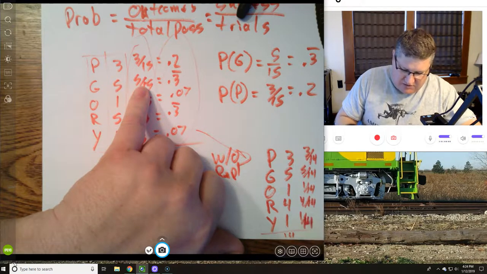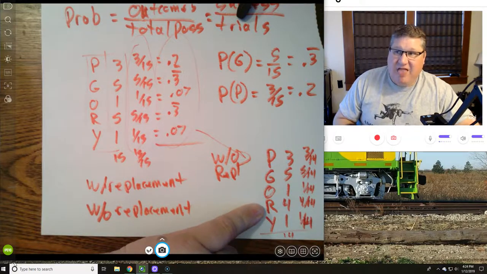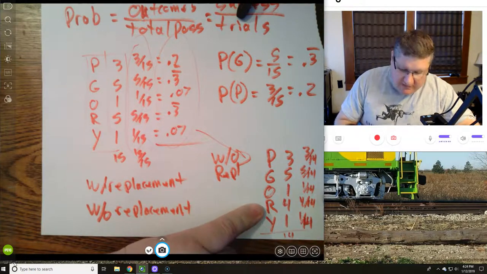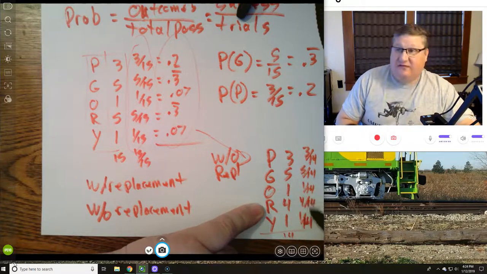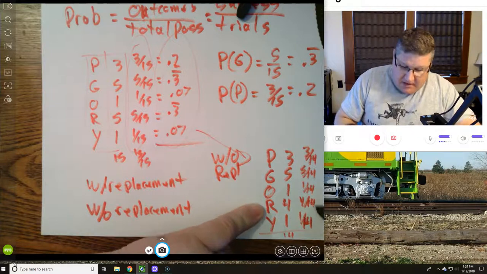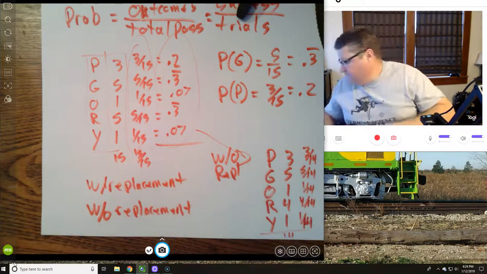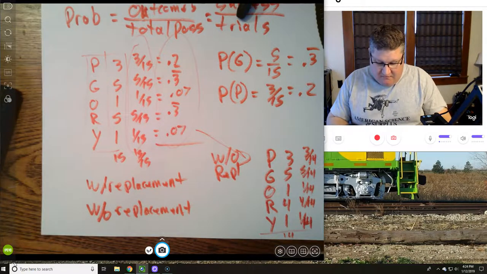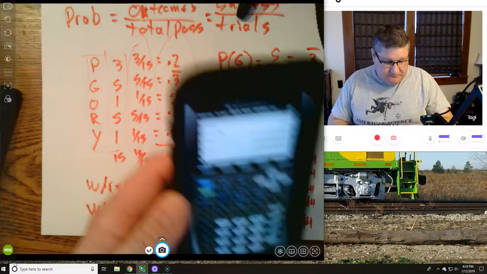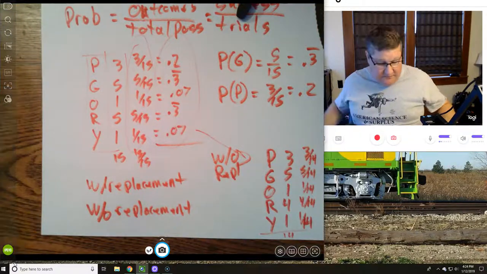So the question earlier was, does the chance of red change if I don't put it back? The answer is yes, it does change, because there's 1 less red. It's in my belly. All right, but even the greens changed, because 5 out of 15 was 0.33333. 5 out of 14 is now 0.36.